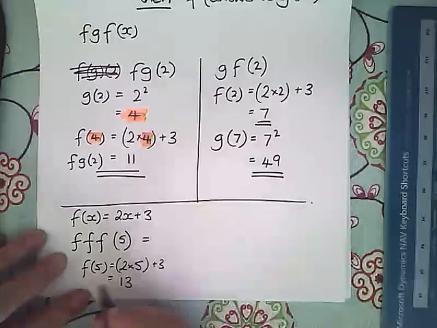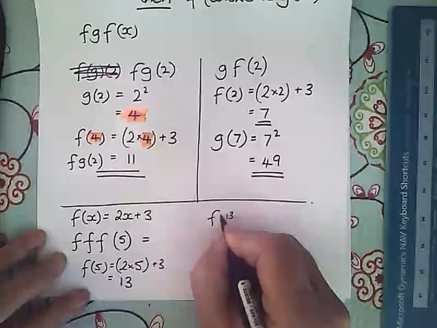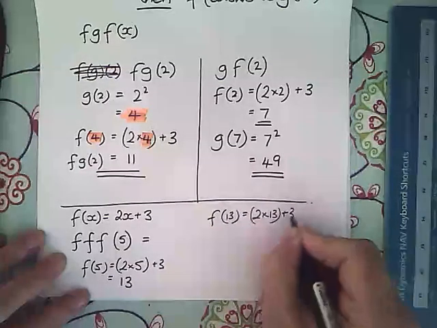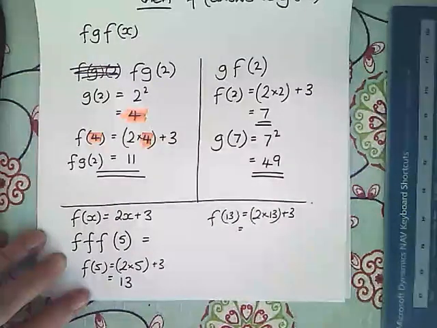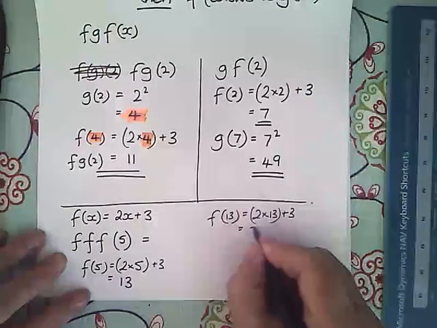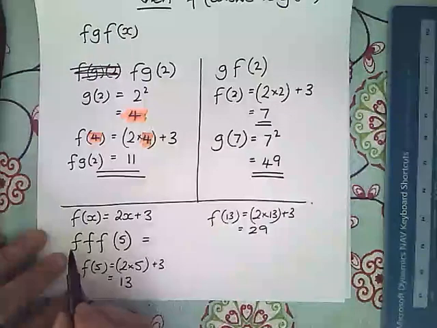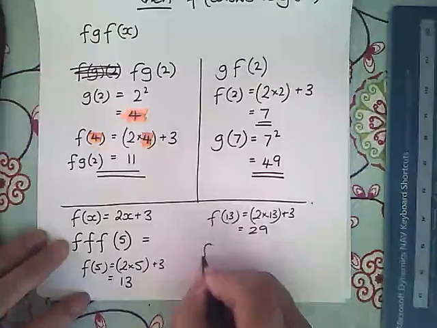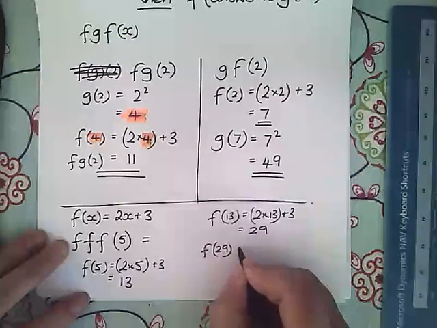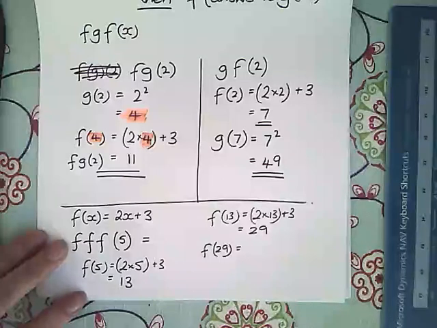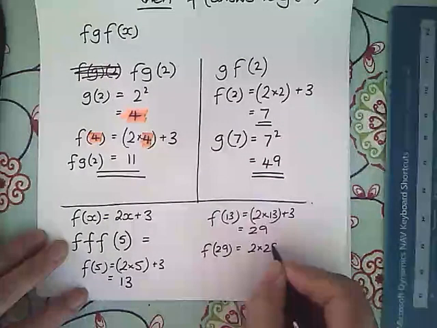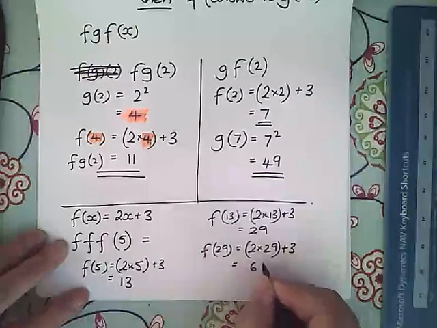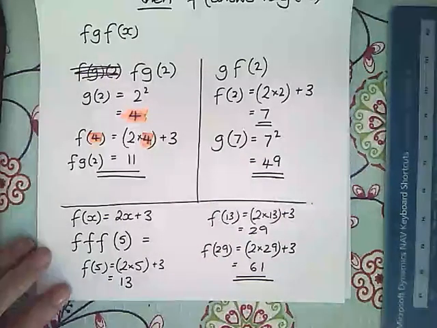I'm then going to do f of 13. So 2 times 13, then add 3. 2 times 13 is 26, add 3 is 29. And finally, I have to do the same f function once again, where I'm going to do f of 29. So 2 times 29 is 58. Add 3 is 61. So that would be our final answer.